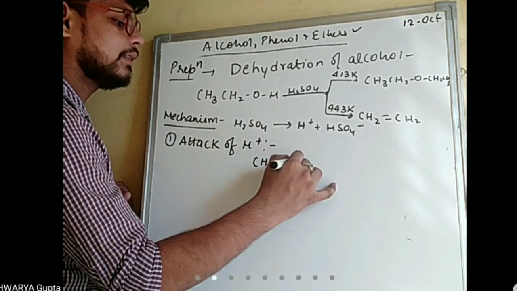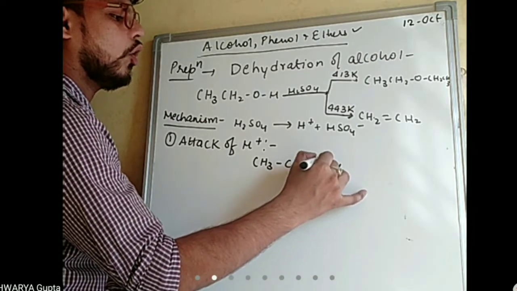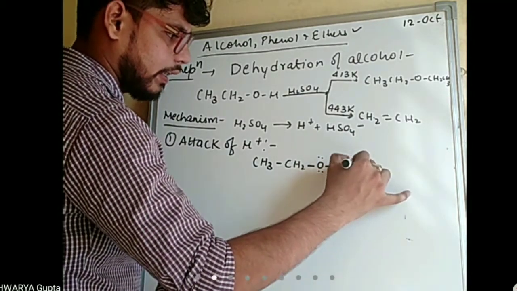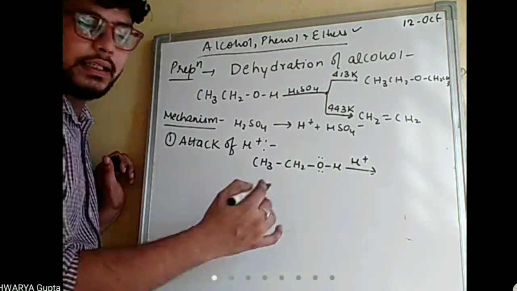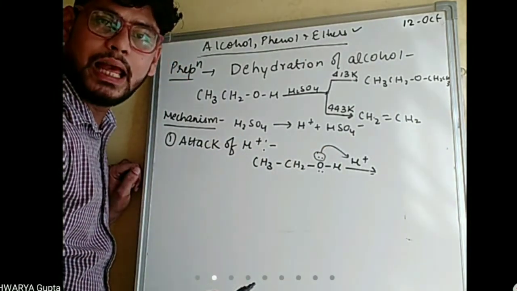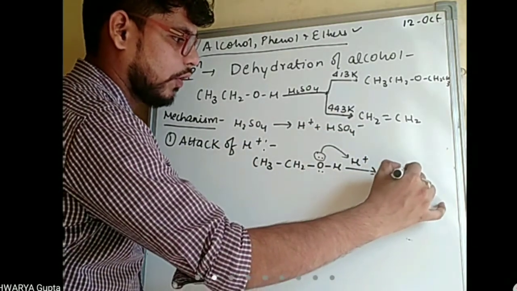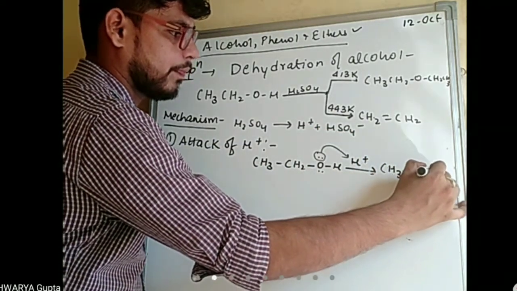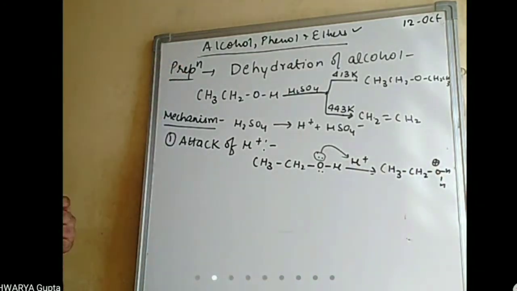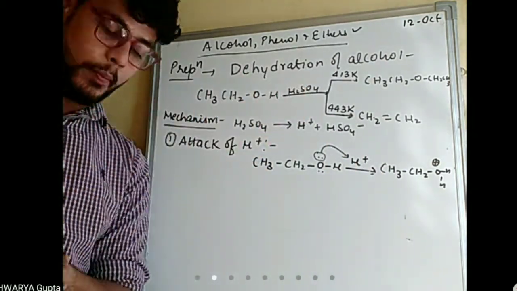CH3CH2O bond H: oxygen is having a lone pair of electrons, and there is an H plus. This is electron deficient and this is a lone pair of electrons, so it will be attracting the electron. So there will be formation of CH3CH2OH2 plus. This will be just a common reaction.